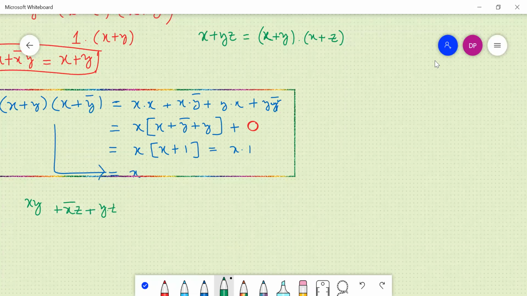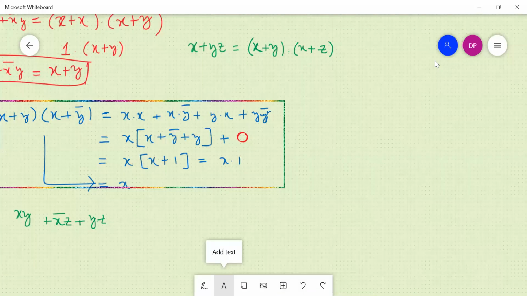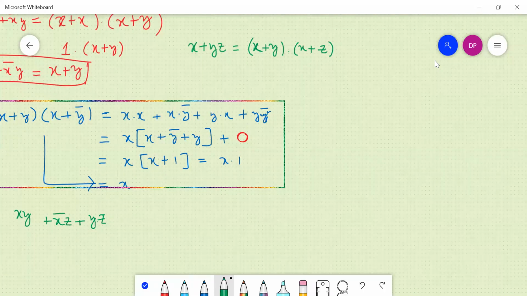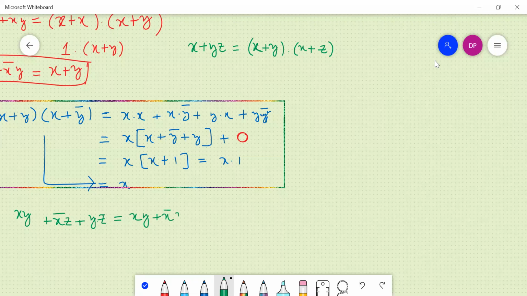How can we solve this? We would like to find some reduced expression for this. So what we'll do, we'll take xy, x complement z, and this is yz.